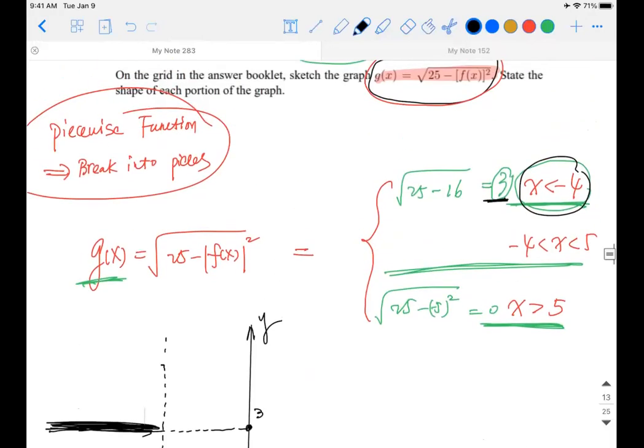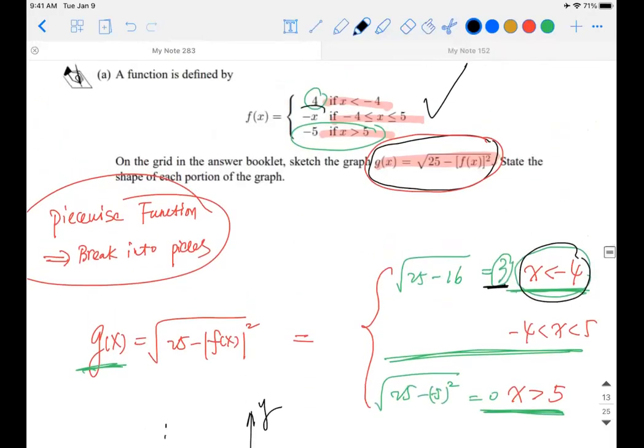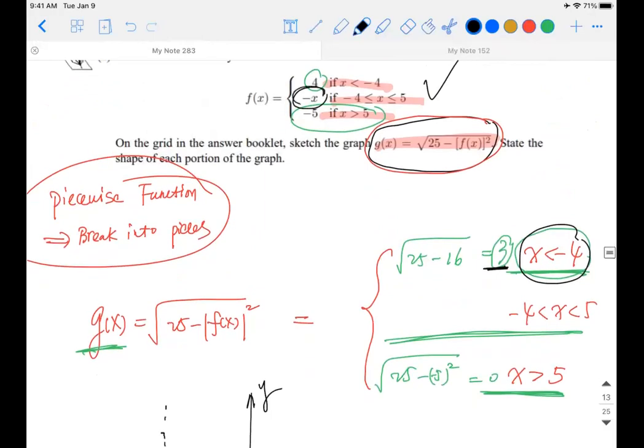As long as x is from -4 all the way to 5, my f(x) becomes negative x. So my expression goes to 25 minus x squared, right?